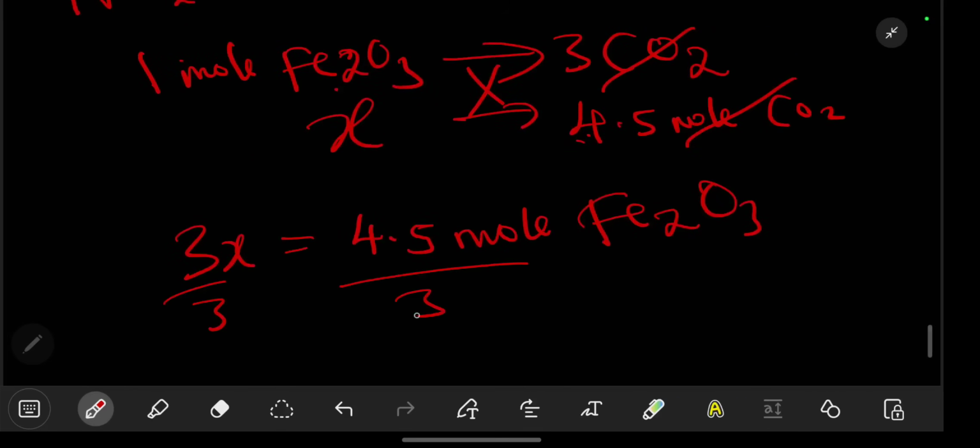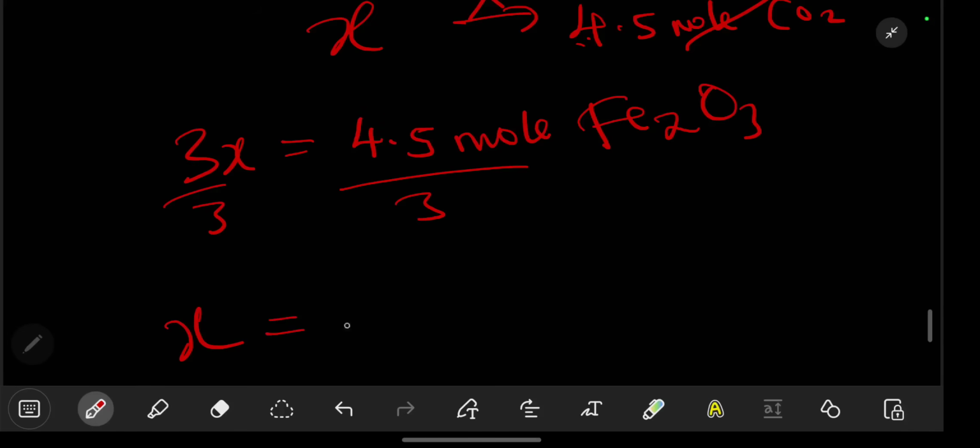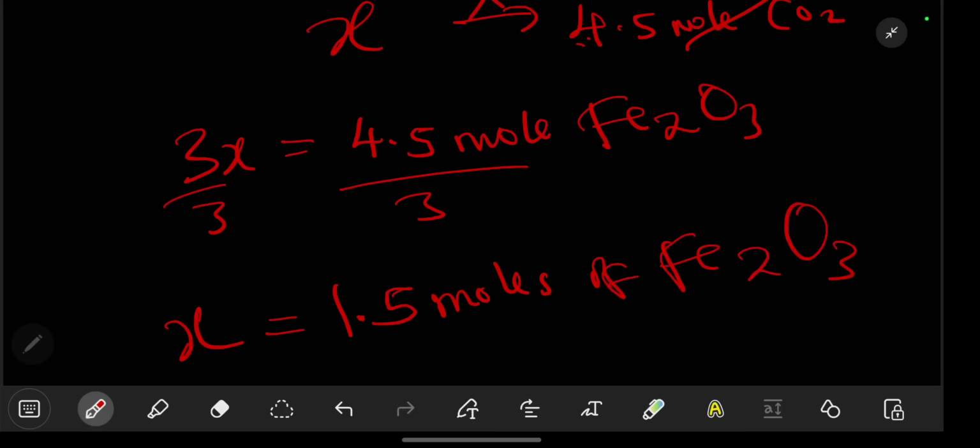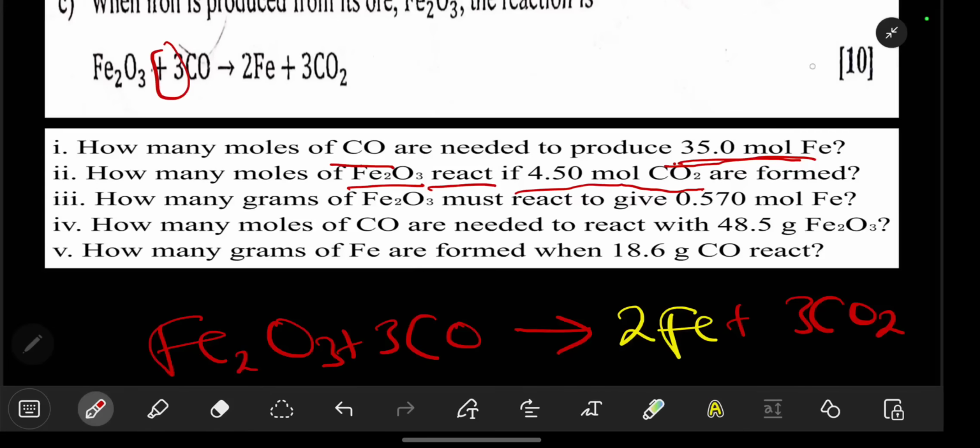Divide by 3, so x equals 4.5 divided by 3, which is 1.5 moles of Fe2O3. So these are the number of moles produced for iron 3 oxide.